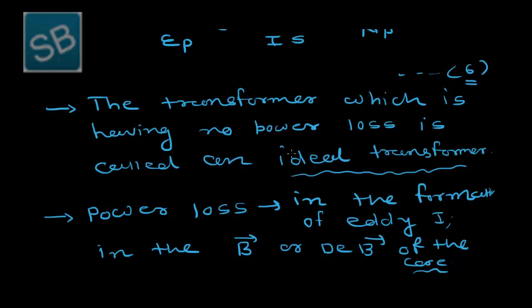Such power losses are practically possible, and so the ideal transformer is, we can say, an imaginary concept of physics. And now we will switch to the last illustration of your chapter, that is illustration number 15.